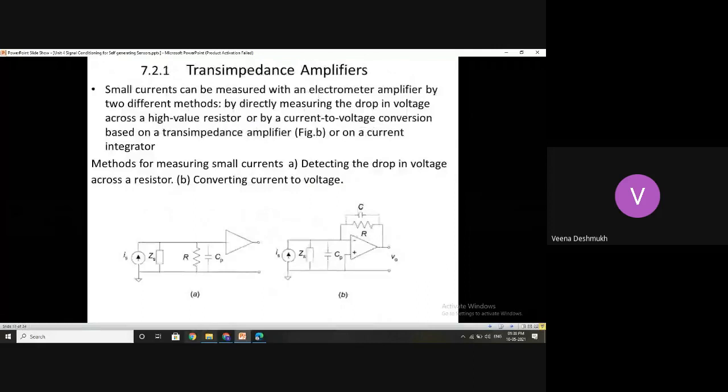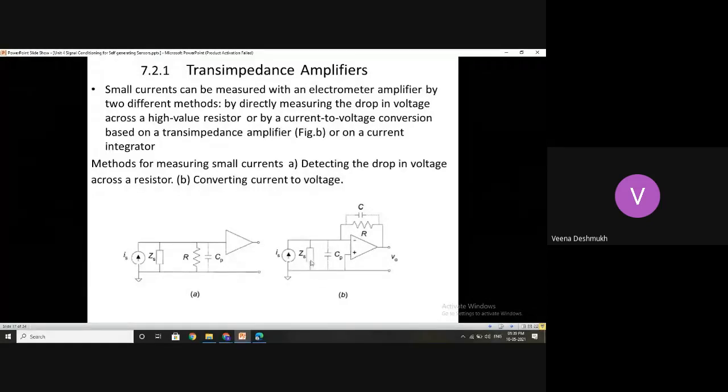In both cases, you can see here the input impedance is made not purely resistive, it is impedance. So whatever impedance you see from the input side, it is in this case R parallel CP.